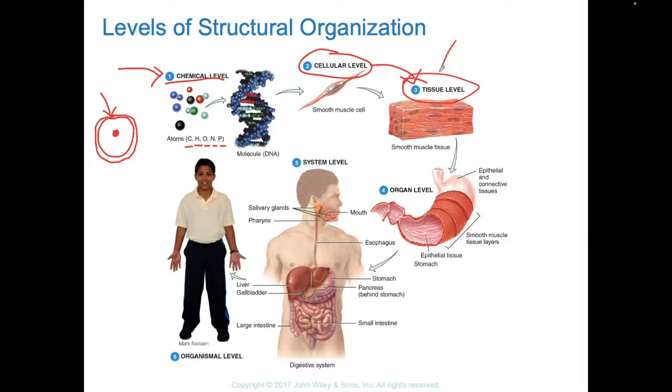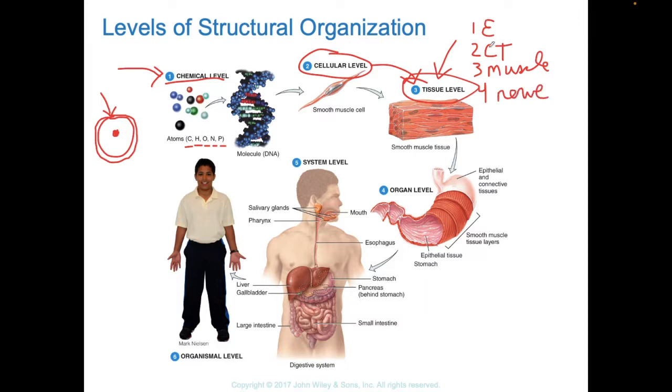And when cells come together, they make tissues. We will spend a week talking about tissues; we'll talk about that next week. There are four types of tissues. We have epithelial tissue, connective tissue, muscle tissue, and nerve tissue.